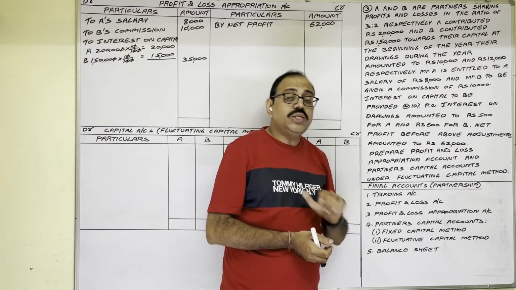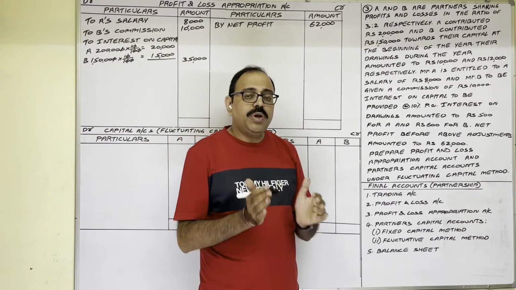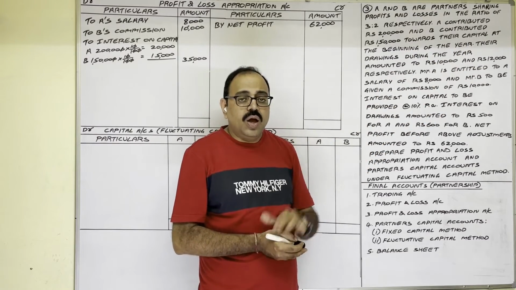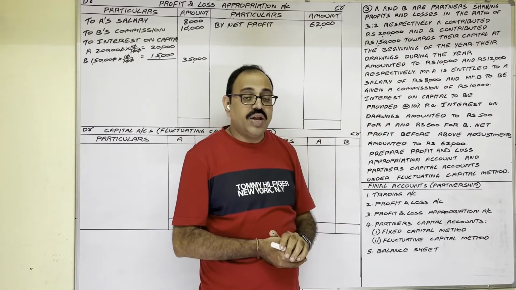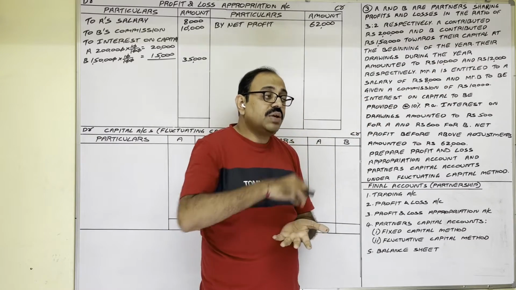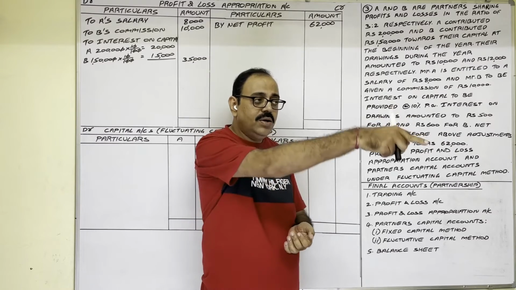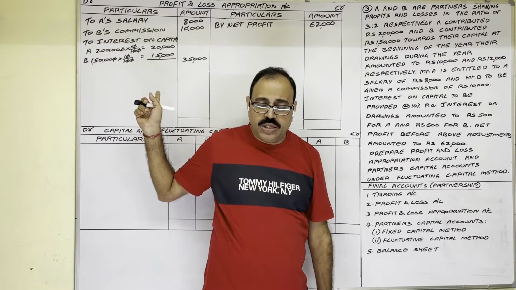And on these drawings, who should pay interest to whom? As per the business entity concept, owners are outsiders, no? One outsider is taking money for his personal use. Our assumption is the firm is giving a loan to them. So who should pay interest to whom? The partner should pay interest to the firm. In the firm's books, we are preparing this account.